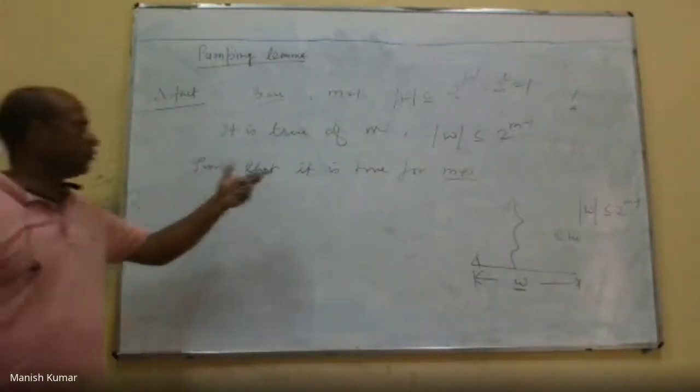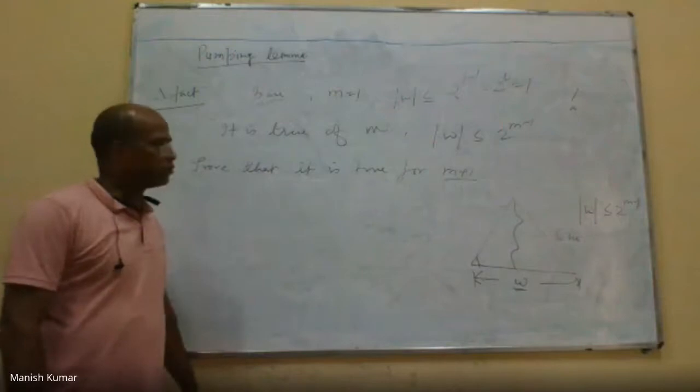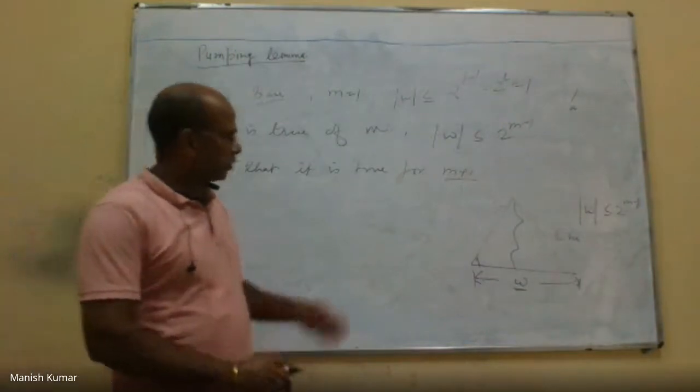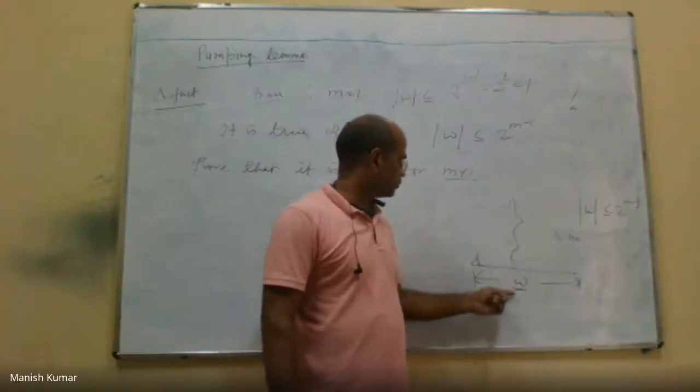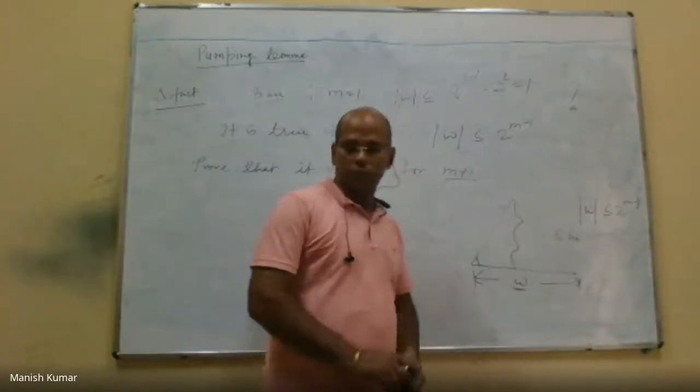How do you get this length m plus 1? It is very clear that this is less than m, and this is w.